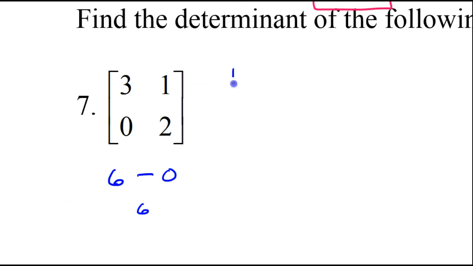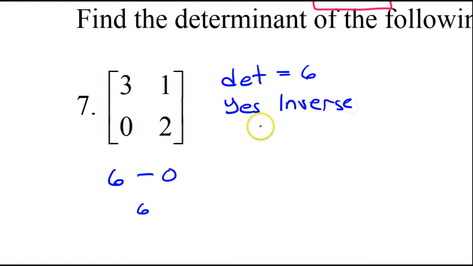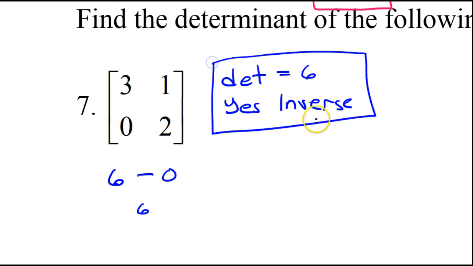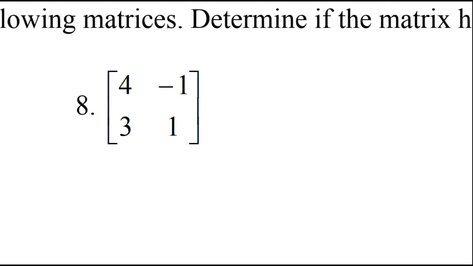So the determinant is equal to 6. And it does have an inverse. So I'm just going to say yes inverse, because the determinant is not 0, and it is a square matrix. So this is the answer number 7, that we found the determinant, and yes, it has an inverse.